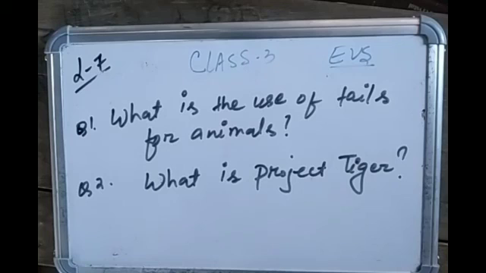Question number 2: what is Project Tiger? So try to find the answers of these questions, and this evaluation part will help you to check whether you have understood the topic or not.